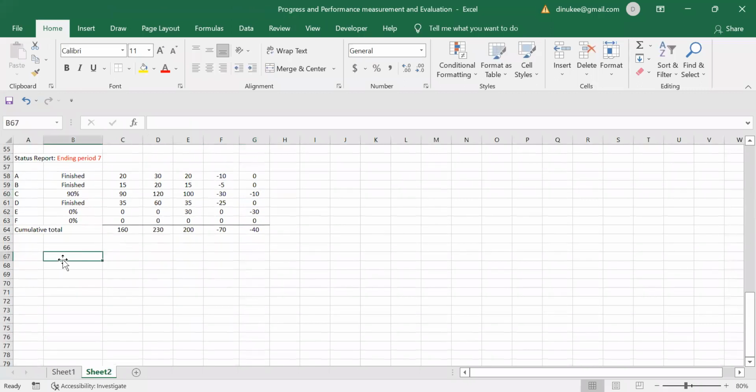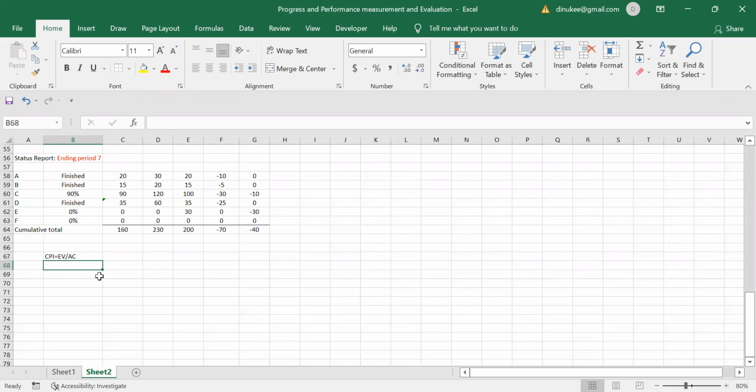So now I'm going to calculate the cost performance index, CPI. In calculating CPI, first you have to take the earned value and divide it by the actual cost, right? I am calculating these performance indications for the ending period 7.